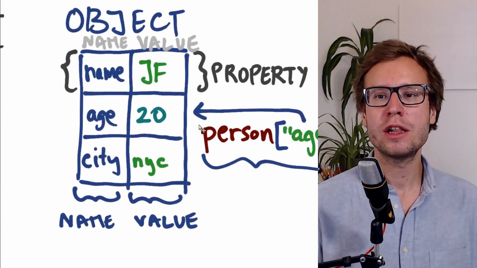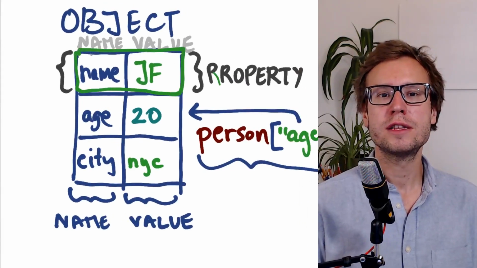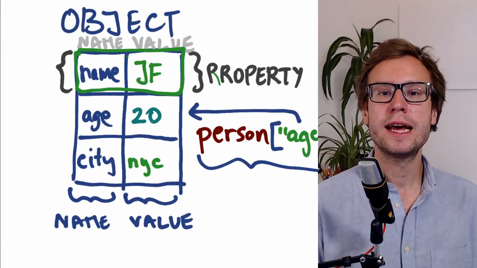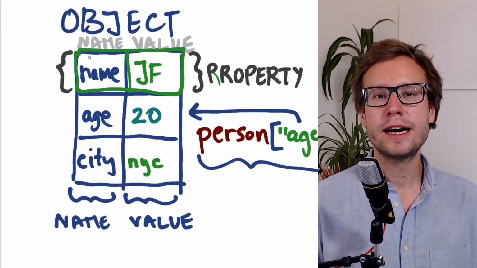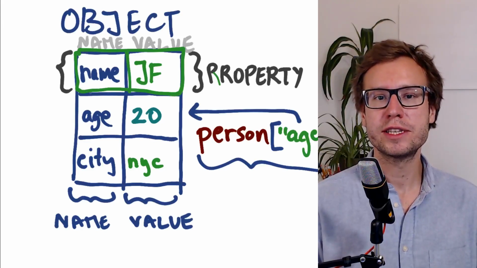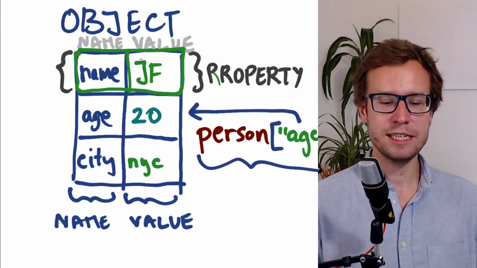For example, it's useful to be able to refer to this whole row as a property. And then we end up with the ability to call this left column the property name, and the right column the property value, which is useful when you're getting deep into it, right?